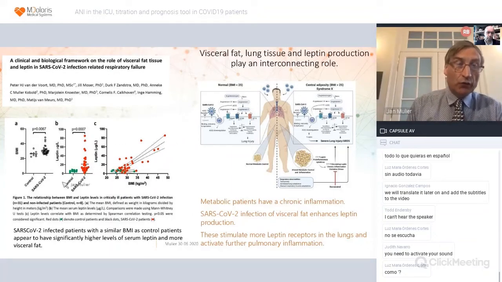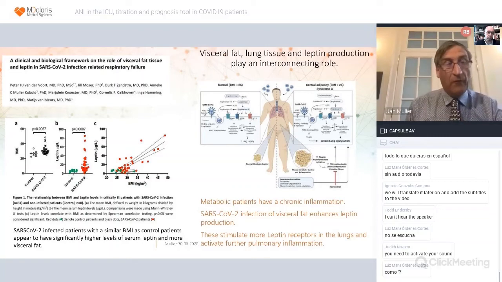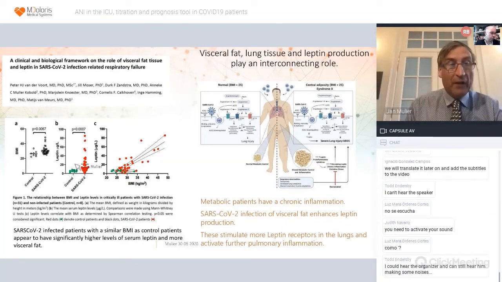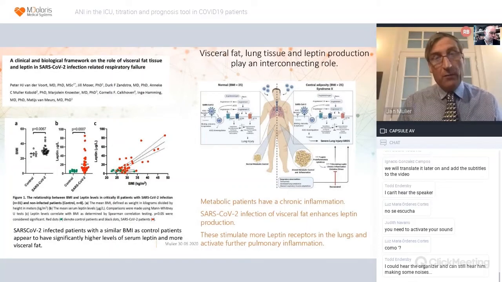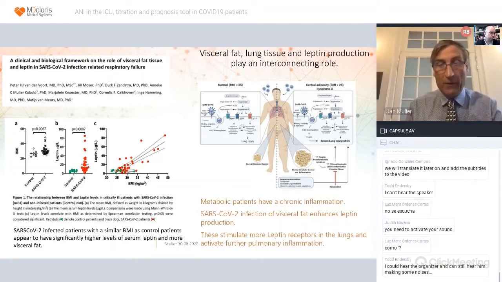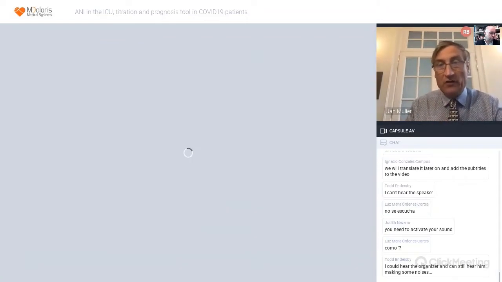The control patients, with severe infection but non-COVID, do not have an increase of the leptin levels. The BMI is not a very good indication. So the patients with a higher BMI, visceral fat, have higher leptins, and this leptin stimulates also an inflammatory reaction in the lungs, reversing also back again. So it's a stimulation in two directions.